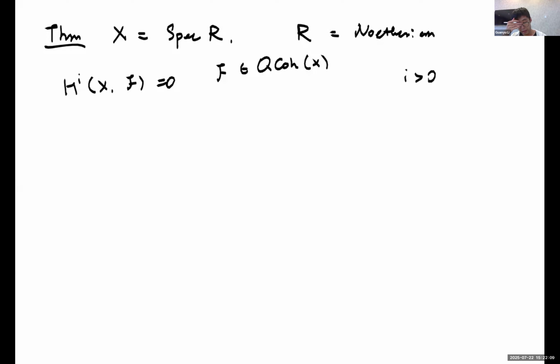So in this case, what it means is that we don't need the higher information to really talk about the geometry of an affine scheme. Well, we quote unquote don't need that.